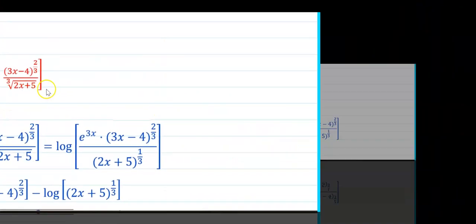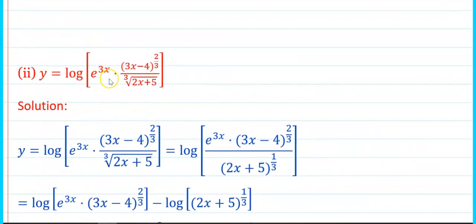Again here y is equal to log of e raised to 3x into (3x minus 4) raised to 2 by 3 upon cubic root of 2x plus 5. Again here the product of two functions. Suppose y is equal to log of m into n, and therefore log of m plus log of n.